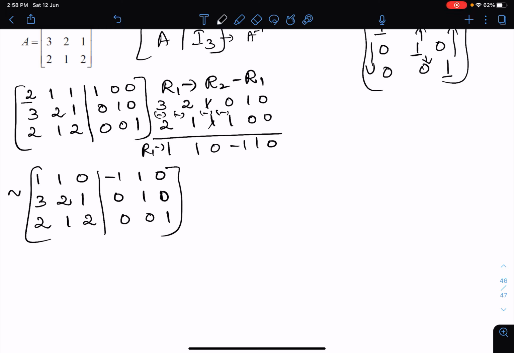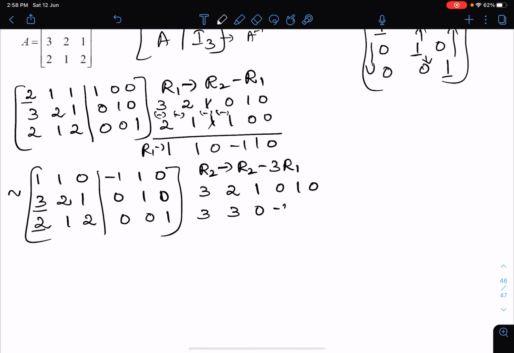Now next you are going to change this 3 and 2 into 0. So you are going to give two elementary operations here. In R2 it is going to be R2 minus 3 R1. So what is our R2? 3 2 1 0 1 0, and here 3 R1 is going to be 3 3 0 minus 3 3 and 0.